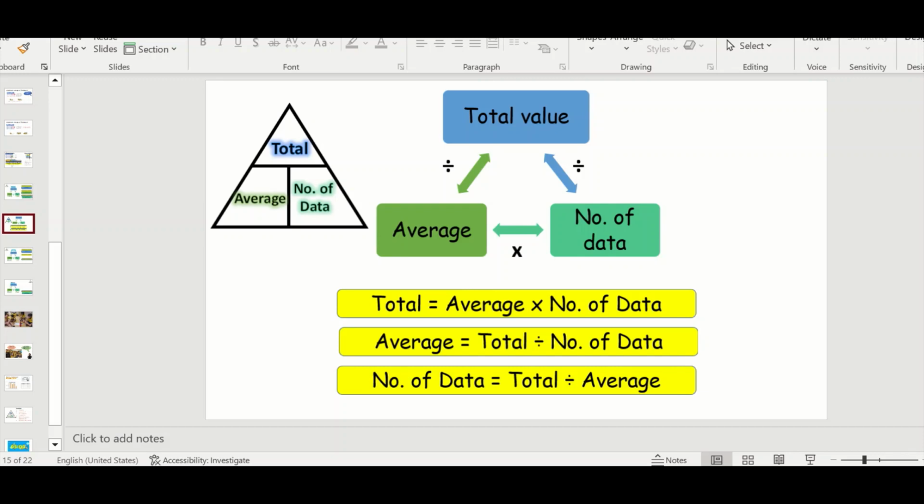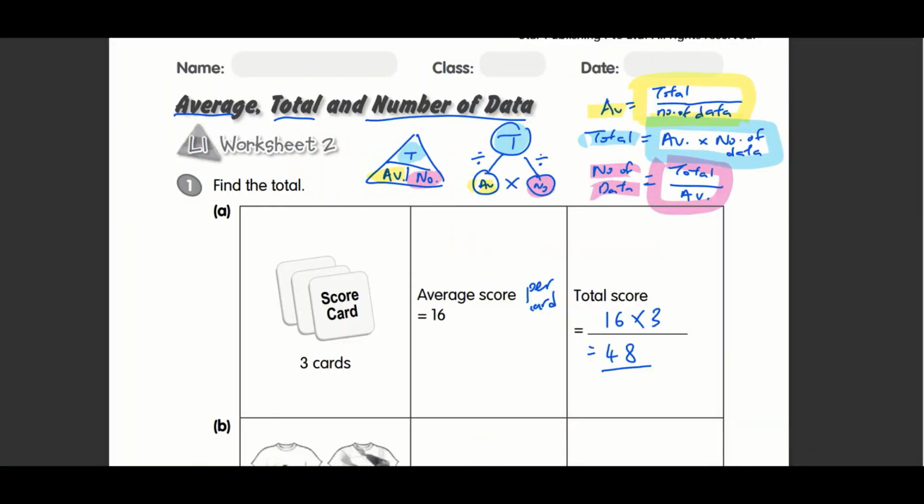To help you solve a problem in this chapter on average, you need to annotate well, do your arrays properly, and ask yourself: what is the given information, what's the missing identity, and what do you need to find. Moving back to our worksheet question, this is page 119.